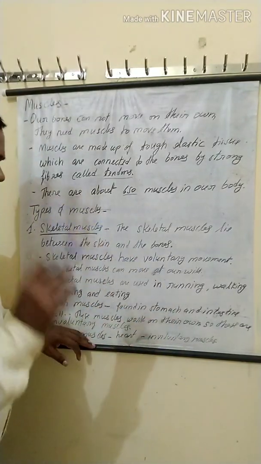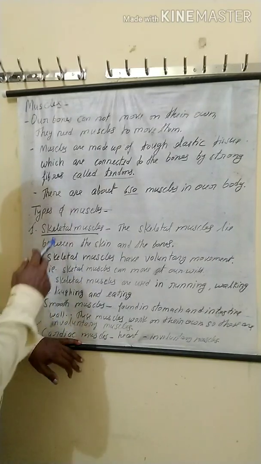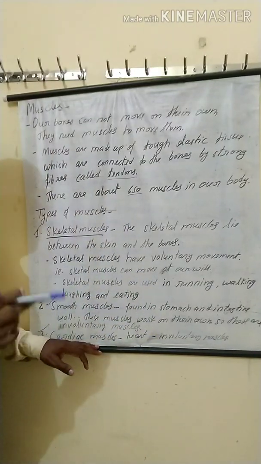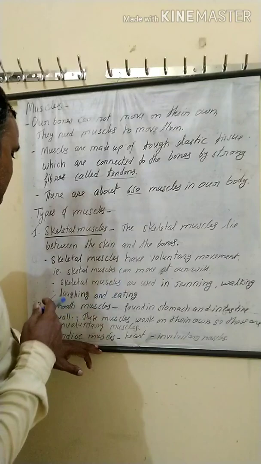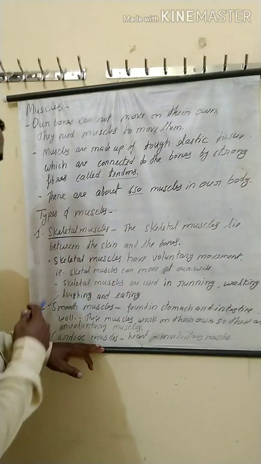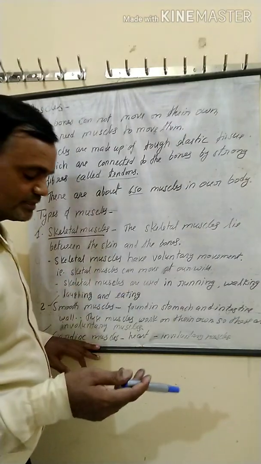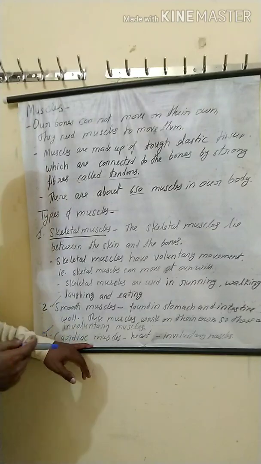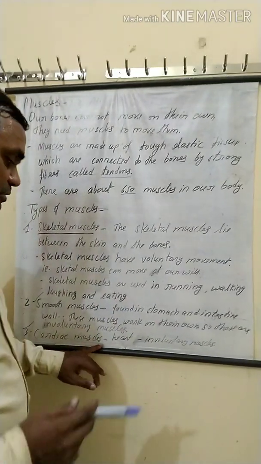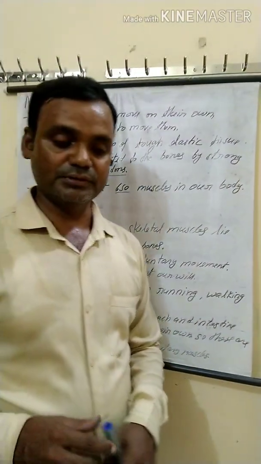Types of muscles: skeletal, smooth, and cardiac. Skeletal muscles are found between the skin and the bones, and these are voluntary muscles, which means they can move at our will. Smooth muscles are found in the wall of the stomach and intestine, and these are involuntary muscles. Cardiac muscles are found in our heart, and they are involuntary muscles.